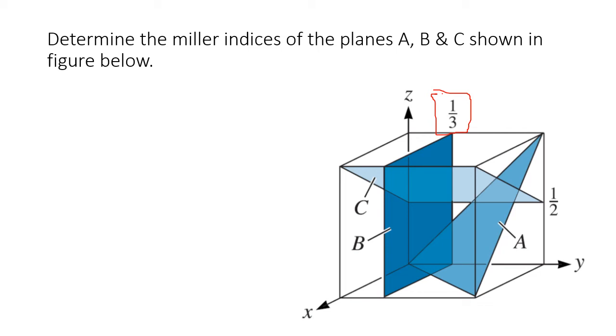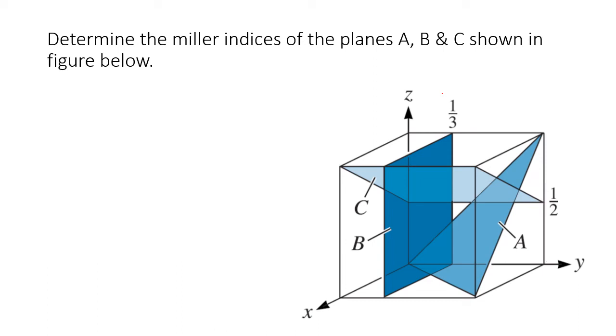For plane C, this edge of plane C coincides with the edge of the unit cell, and this corner or this edge ends at the middle of that face of the unit cell, and it intersects the vertical lines or the edges of the unit cell exactly at their centers. Okay, so that is for your reference.